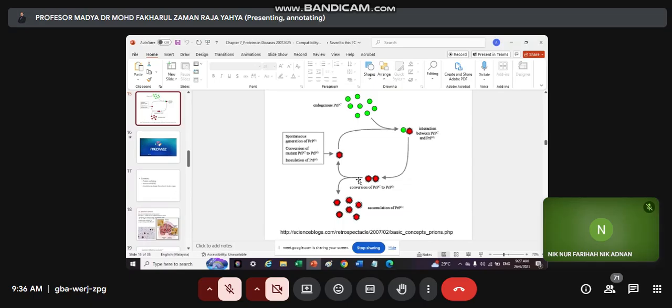It should look like a cycle, where the normal prion proteins become abnormal and subsequently convert the other normal prion proteins. So it should look like this.